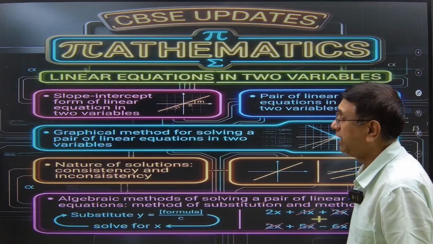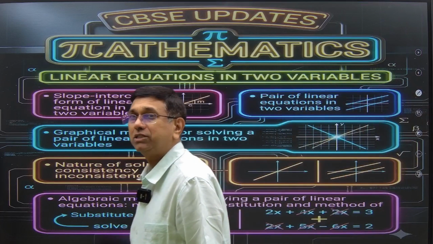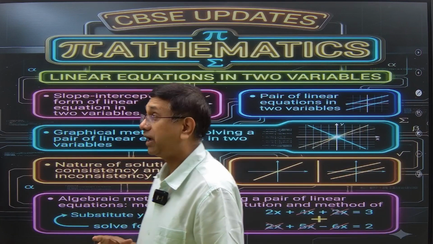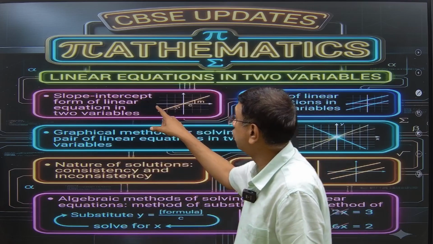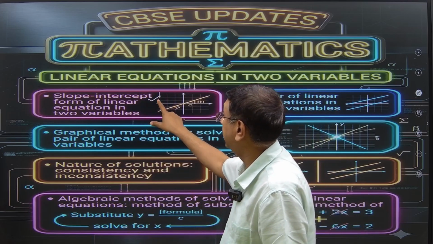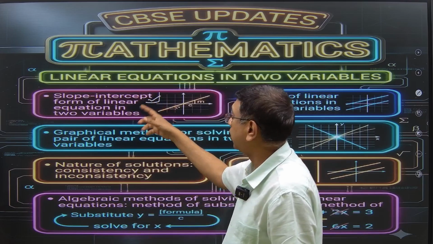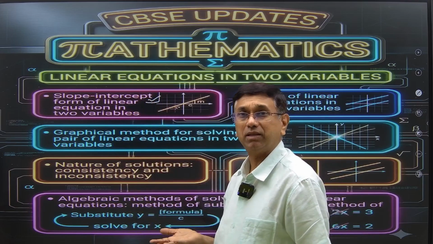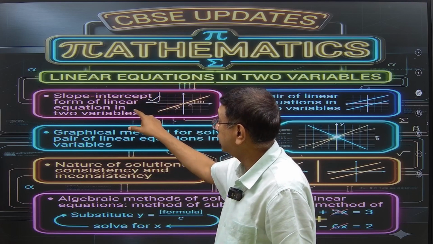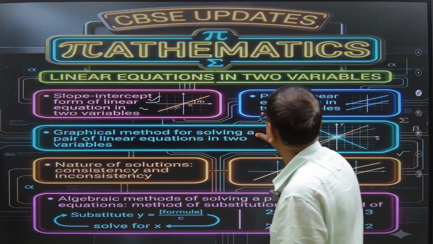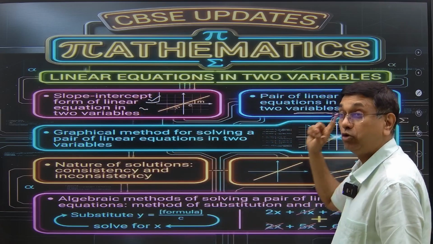Then you have linear equation in 2 variables. ये पूरा चैप्टर अगेन 10 से उठा लिया. क्या क्या है देखो, यहाँ पे स्लोप इंटरसेप्ट फॉर्म की बात की गई है, जो हम y = mx + c 11th में लाते थे. So there they have introduced the slope intercept form. Then pair of linear equation in 2 variables.